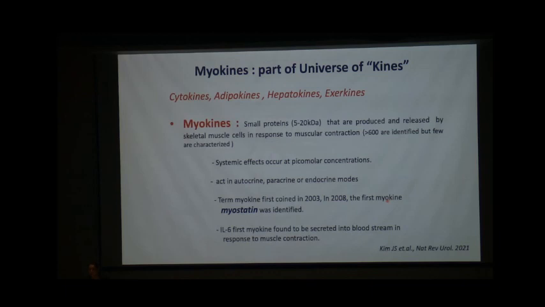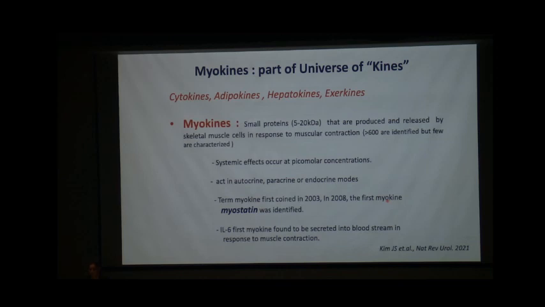But very recently, almost 10 years ago, a subtype of cytokine was identified, released from muscle cells, myocytes, in response to muscle contraction, and termed myokines. The receptors of myokines are found on various organs such as the heart, liver, pancreas, and even on immune cells.